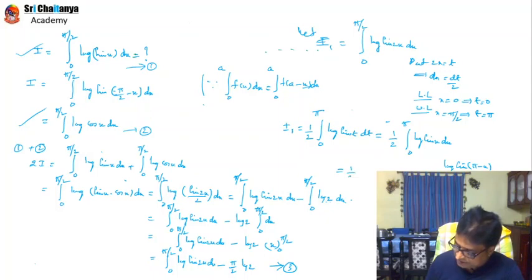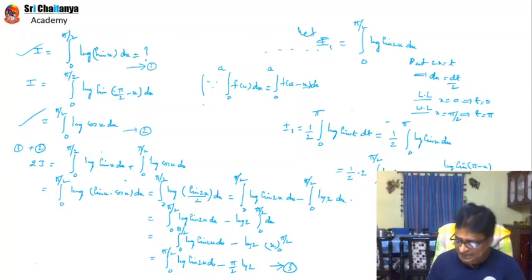So this can be written as half into 2 into integral 0 to pi by 2 log sin x dx. So this I1 is nothing but integral 0 to pi by 2 log sin x.